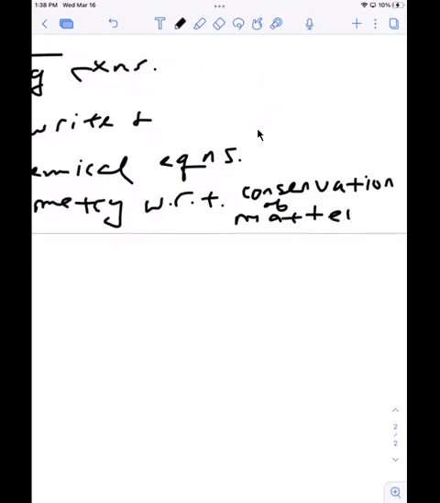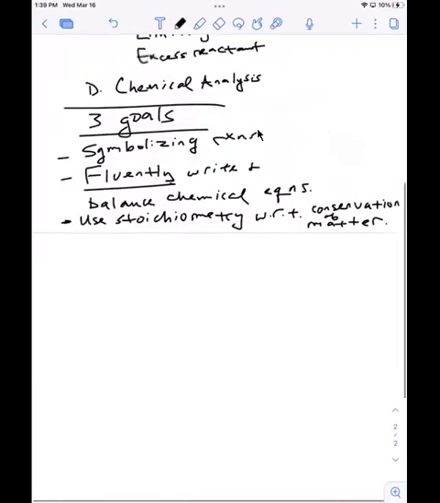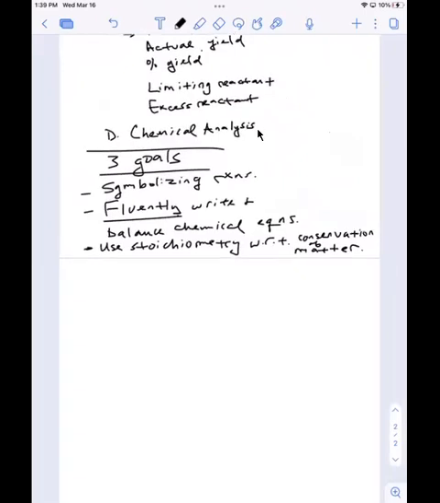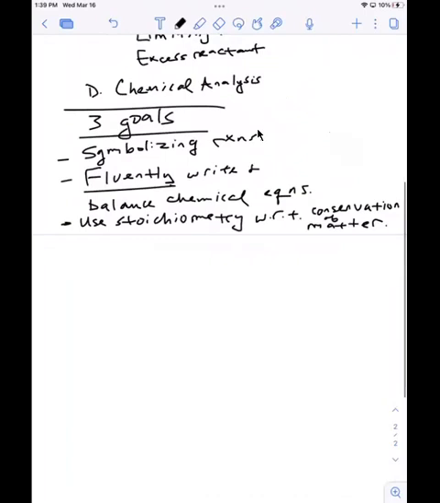This is one of the reasons why it's so important to know how to balance. And if you took chemistry in high school, then you probably have at least a decent knowledge about balancing equations, but we're going to ramp that up a little bit.